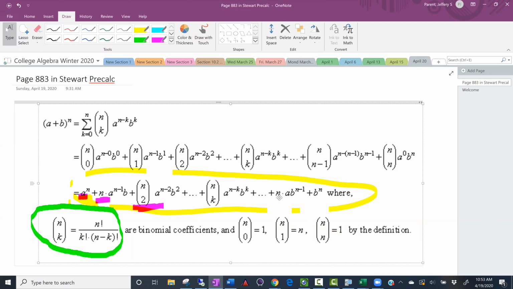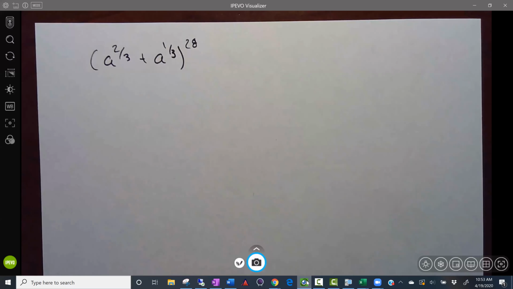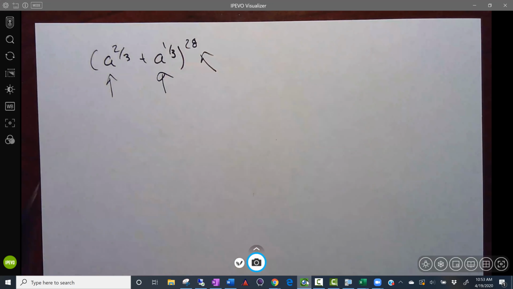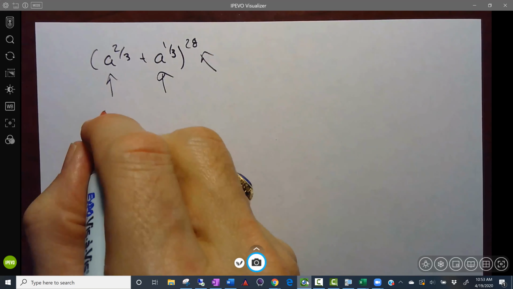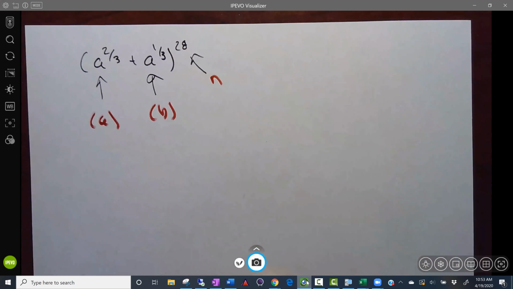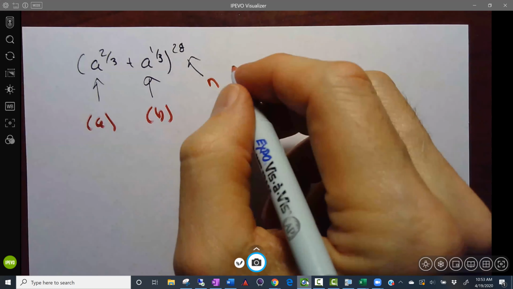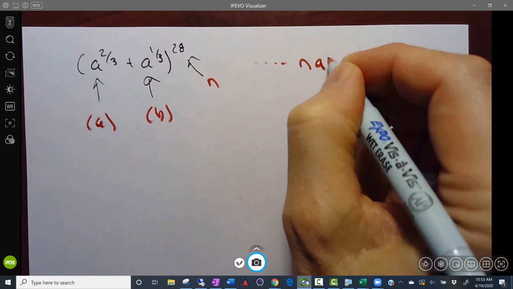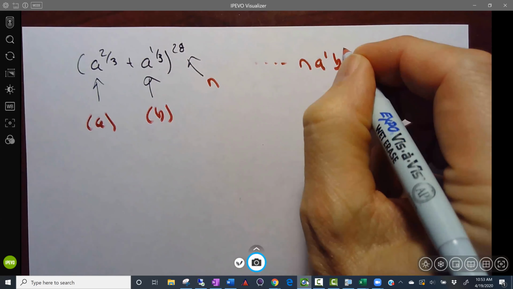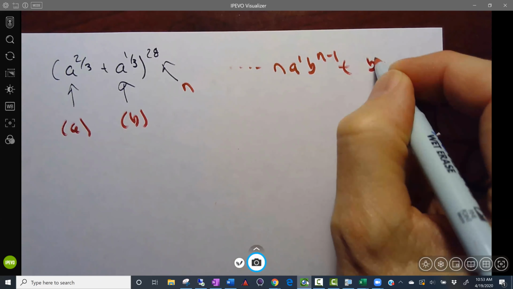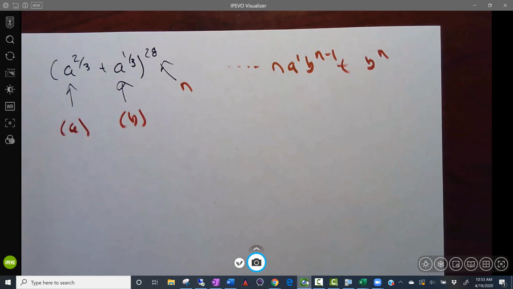So let's take stock of a couple things here for our particular problem. So this is my A, this is my B, and that's my N. And the last two terms are going to look like this: N times A to the first, B to the N minus 1, plus B to the N, like that.